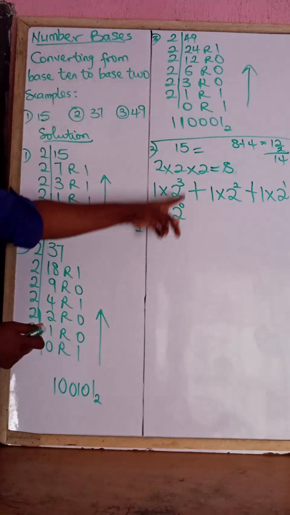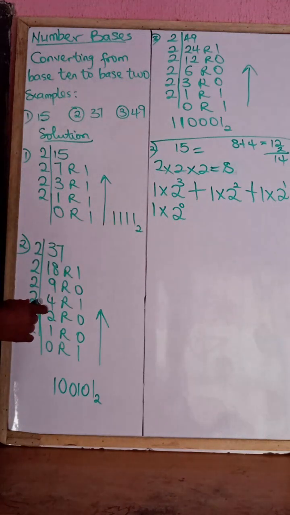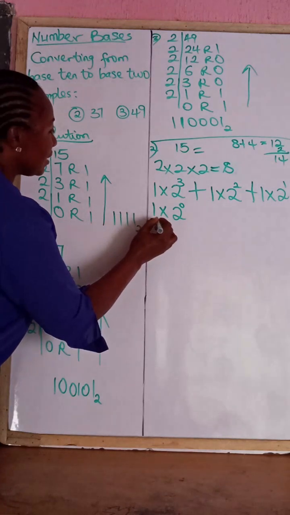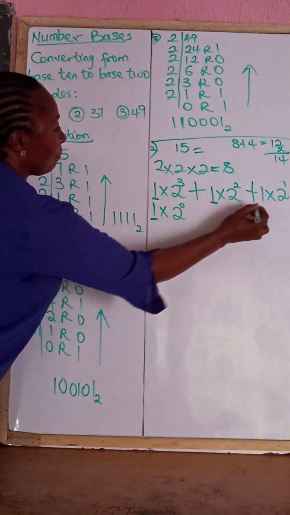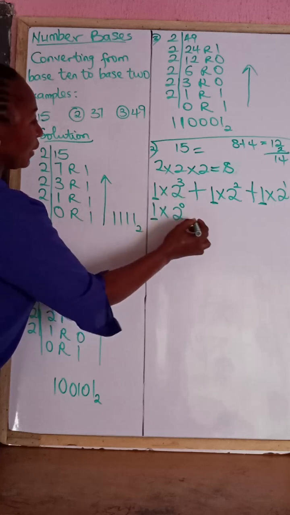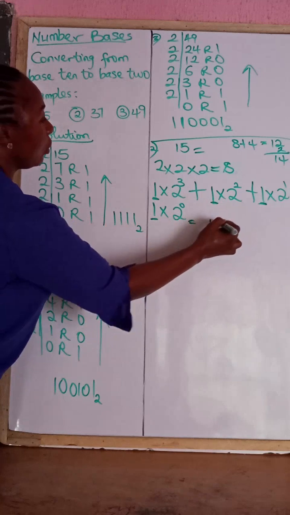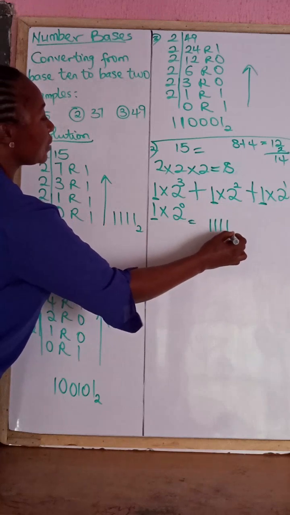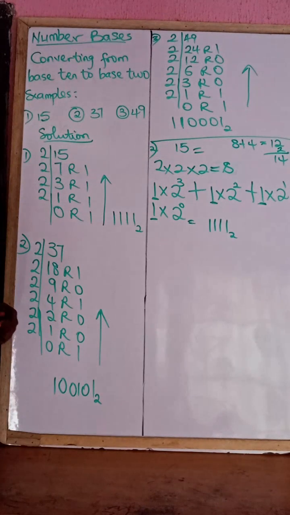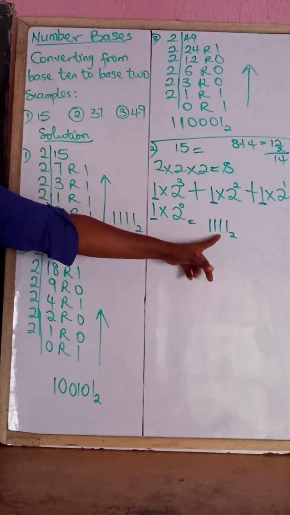So 2 raised to power 0 is 1, so 1 times 1 will give us 1. Now, how do we find our results? All we need to do is pick these figures here. So you start from the very first one. So we have this as 1, 1, 1, 1, base 2. So that's another way of converting 15 from base 10 to base 2.